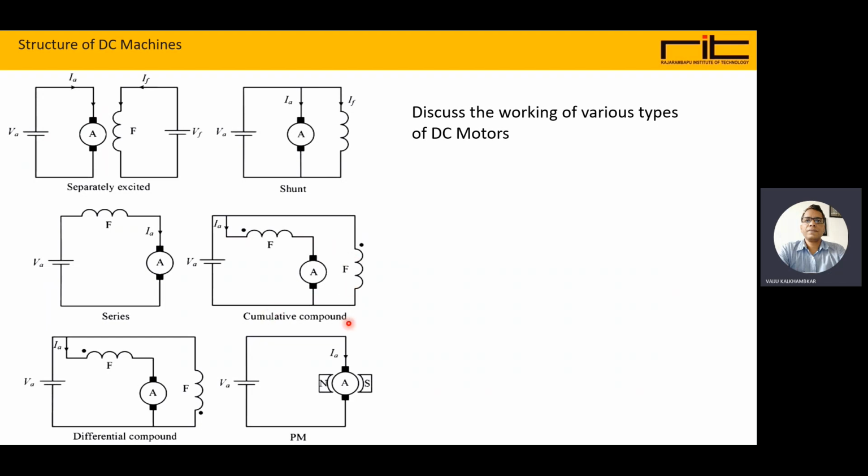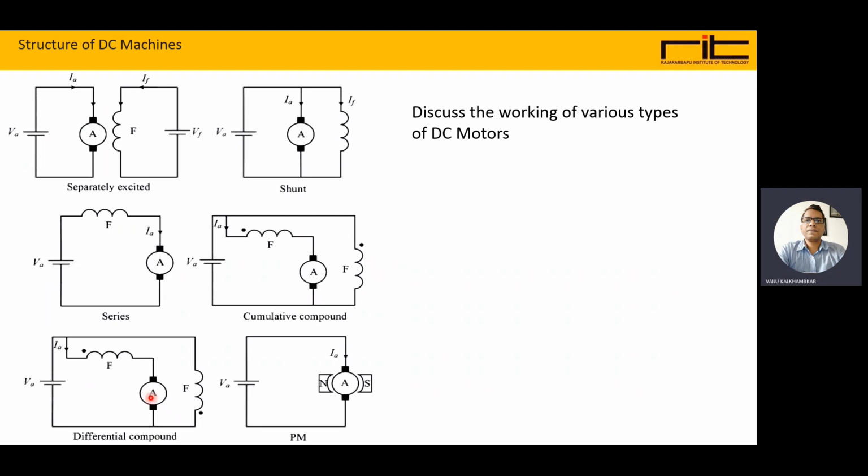So it is a cumulative compound, and the flux directions are marked with the dots. Current is entering here, and similarly current is entering here, so both the fluxes will assist each other. So they will sum up or add, and sufficient field flux is created.